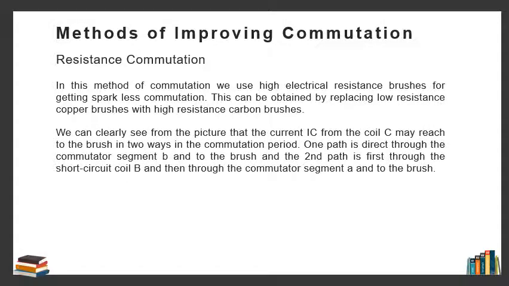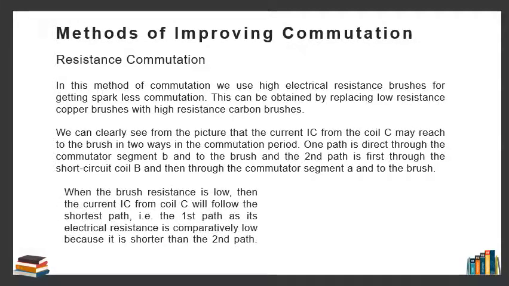We can clearly see from this picture that the current IC from the coil C may reach the brush in two ways in the commutation period. One path is direct through the commutator segment B and to the brush, and the second path is first through the short circuit coil B and then through the commutator segment A and to the brush.